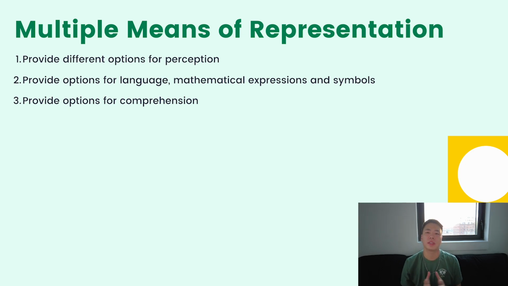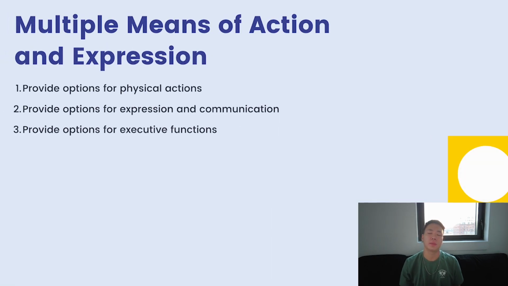This whole next section is centered around action and understanding what you're learning. Multiple means of action and expression really focuses on the different types of ways that learners apply the information that they've already accumulated. So how do they demonstrate the knowledge and skills that they've learned? A great example of this is some of those standardized tests that you hear a lot about, such as the ACT or SAT.